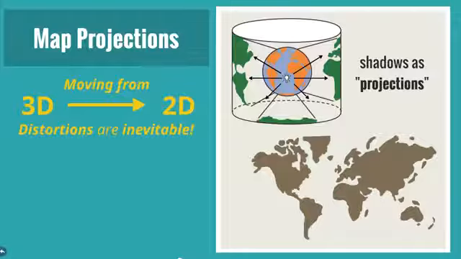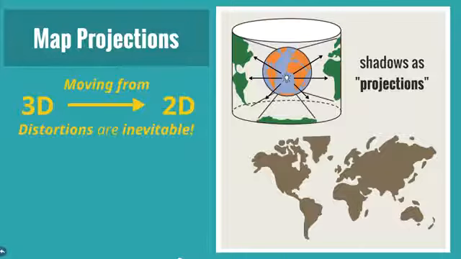This is more or less the process that we are using to transform or to represent the three-dimensional features of the Earth onto two dimensions. Now you might say, well, is a lampshade really two dimensions? It is. For example, if you were to cut it with scissors down one side, you could lay the lampshade flat.